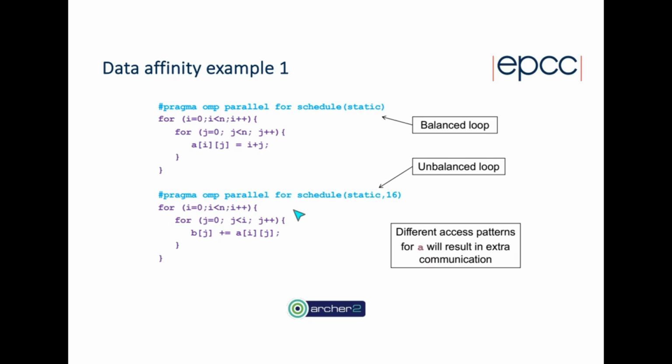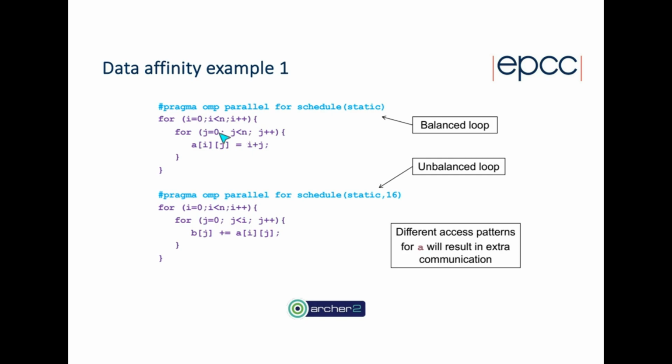So we might decide to choose a loop schedule for this which isn't the default static schedule, in order to get some load balance. Suppose we do some experiments and say, okay, maybe static with a chunk size of 16 turns out to be a good choice. But then we go back to this loop, which is where the array was written. This doesn't have the same pattern.